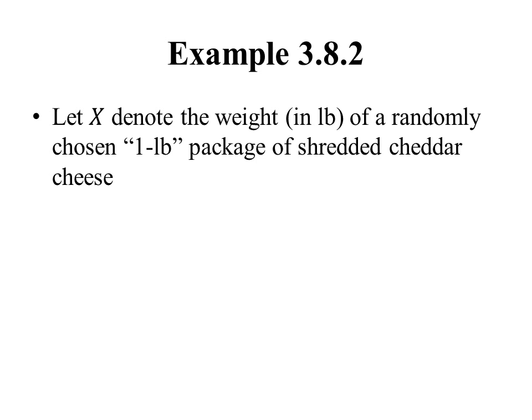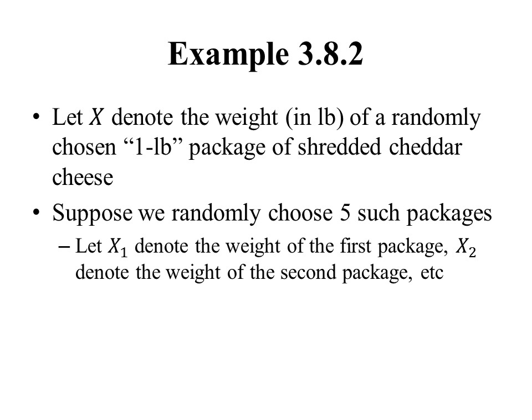To illustrate what this random variable is, let's look at this example. Let capital X denote the weight in pounds of a randomly chosen 1 pound package of shredded cheddar cheese. I put 1 pound in quotes because not every package is going to weigh exactly 1 pound. The exact weight of a package is a random variable.